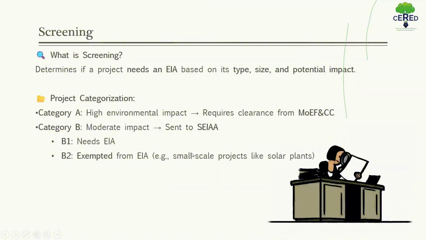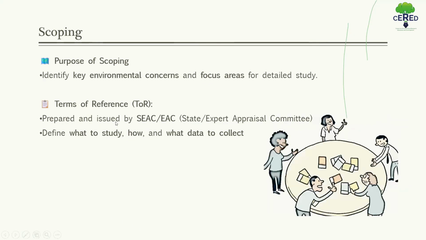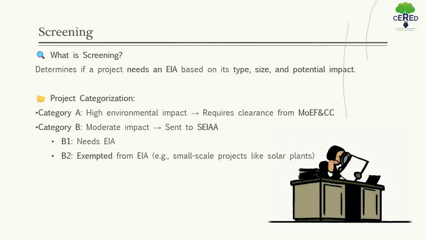So first we have to know about the screening process. Screening decides if EIA is required or not based on the type, size, and potential impact of the project. The project categorization, as I said earlier, is based on environmental impact. If the project has a high environmental impact, then it requires clearance from Delhi, which is from MOEF and CC, and if it has a moderate impact, then it is sent to the state level SEAC or SEIAA.